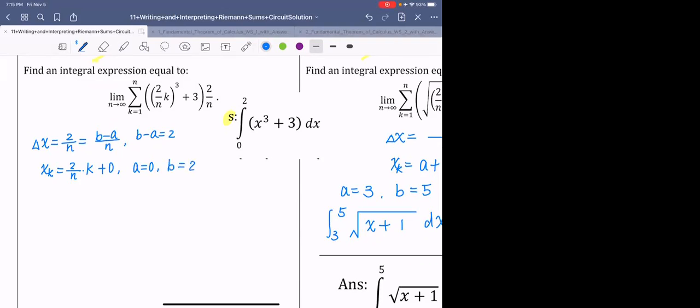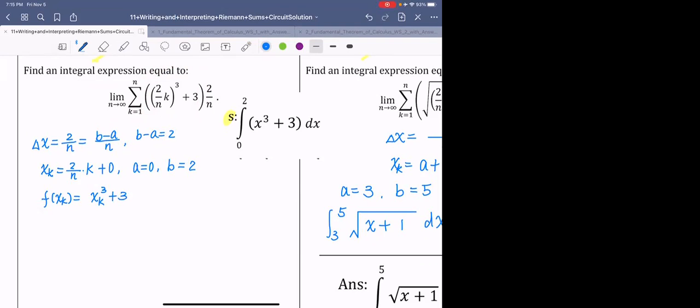And what is that function? That's f of xk. So f of xk is 2 over n, so we already have xk, so we can say xk cubed plus 3. Make sense?